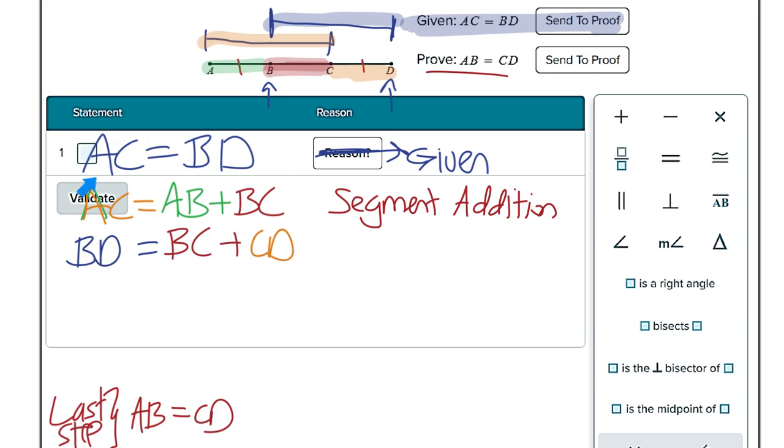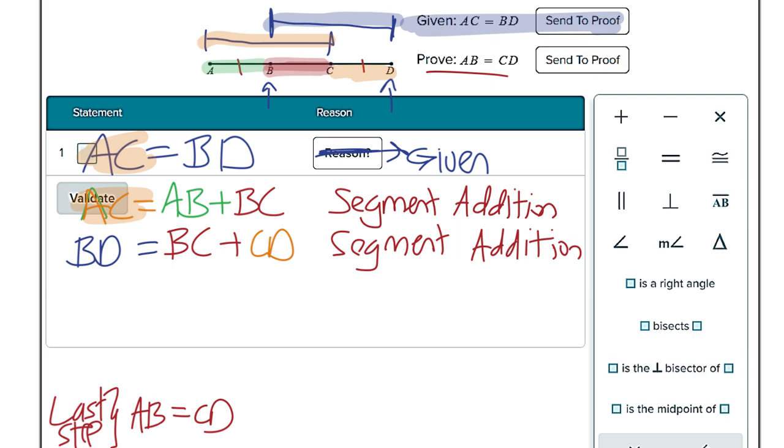So now we have three statements, and we just have to write that last justification here, and we're going to use those three statements to probably substitute. Again, we used substitution a lot yesterday. So notice we have AC, AC, those match. We can take this and replace it. So we're going to replace or substitute. We know AC's here, AC's here.